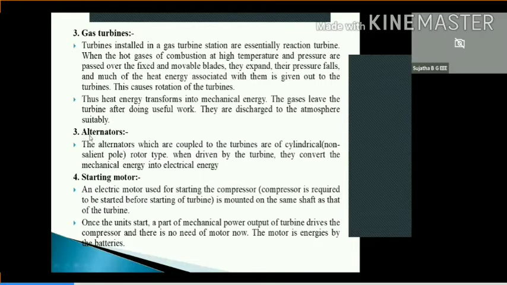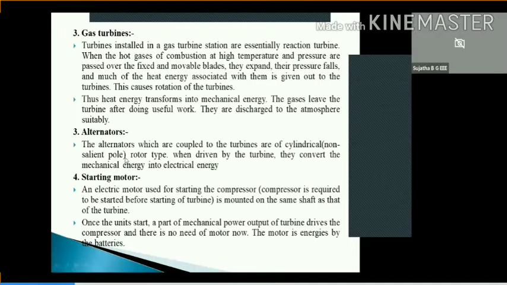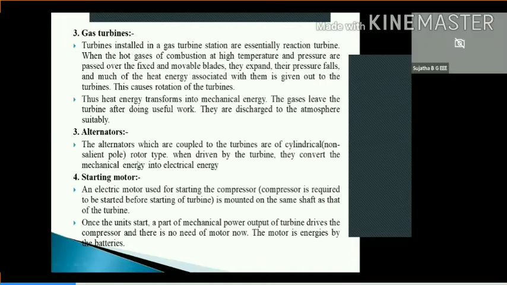Okay, next component we have the alternator. Alternators which are coupled to the turbines are of cylindrical non-salient pole type. You may have salient or non-salient pole type. Salient pole types are usually for low-speed turbines. Here we have the non-salient pole type, so that is cylindrical type. They are driven by the turbine and convert the mechanical into electrical energy.